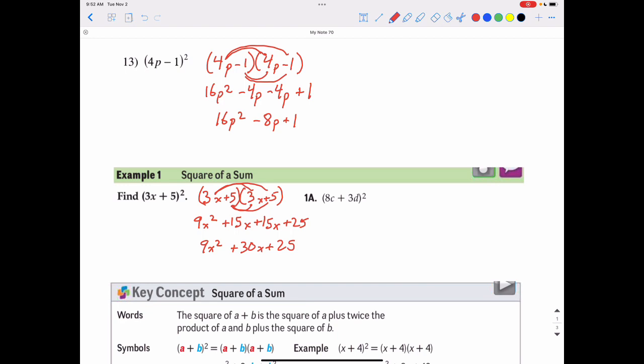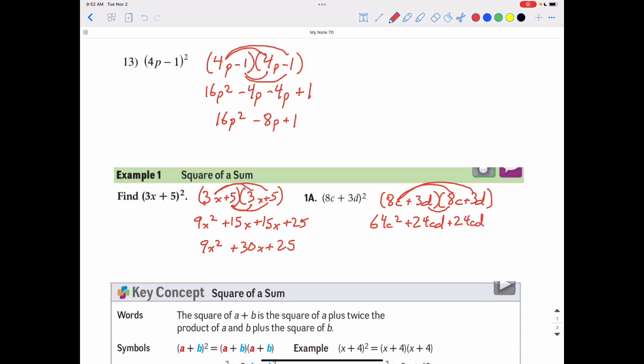(8c + 3d) squared can be done the same way. I can write that twice because it does mean we're going to take 8c plus 3d times itself. So 8c times 8c is 64c squared. 8c times 3d is 24cd. 3d times 8c, you could write that as 24dc, or that's the same thing as 24cd.